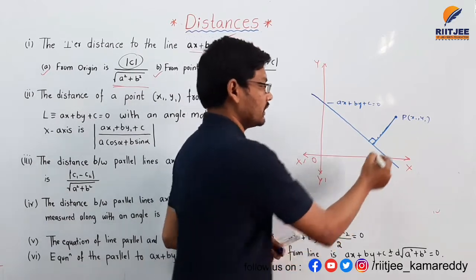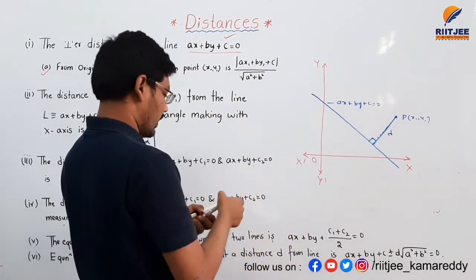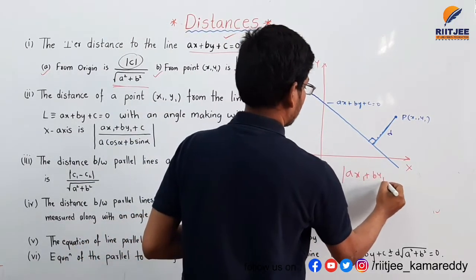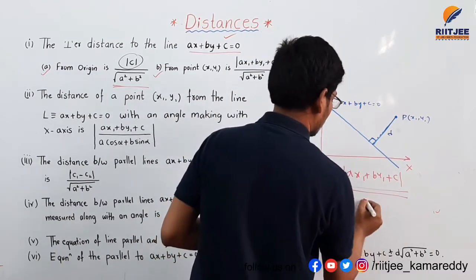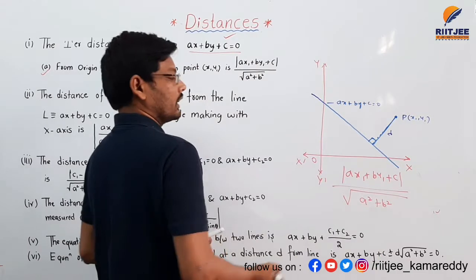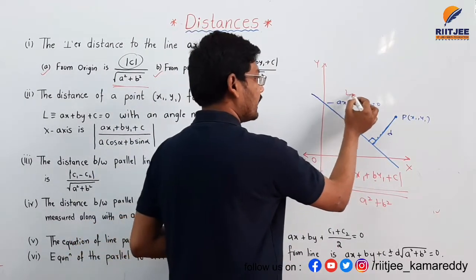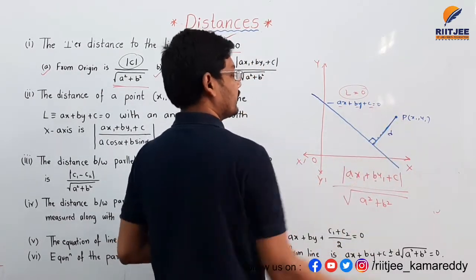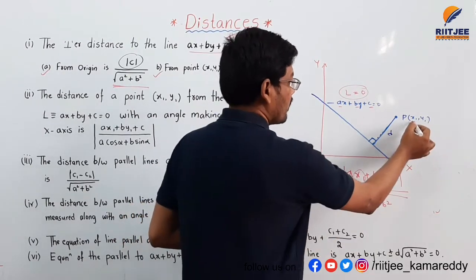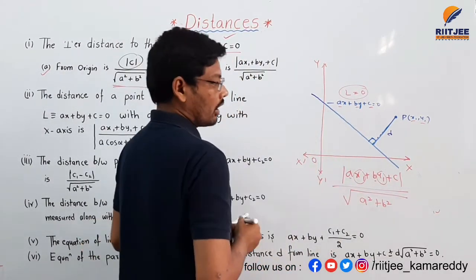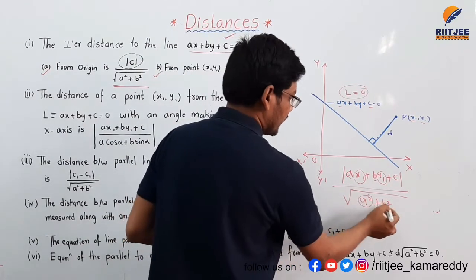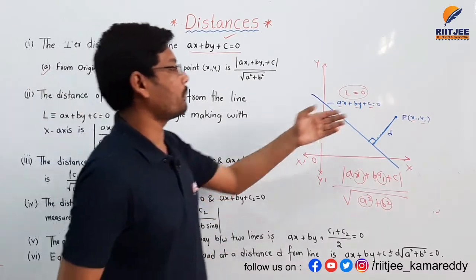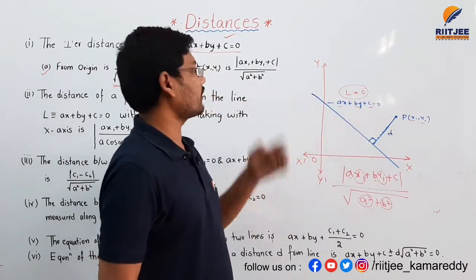The perpendicular distance d is mod of ax1 plus by1 plus c divided by square root of a square plus b square, where a, b are the coefficients and c is the constant of the line, x1 and y1 are the coordinates of the point, and a square plus b square comes from the coefficients of the line. This is the formula for the perpendicular distance from a point to a straight line.